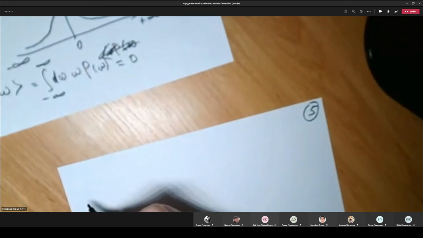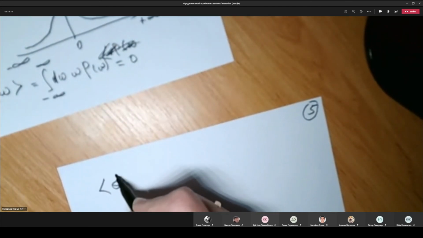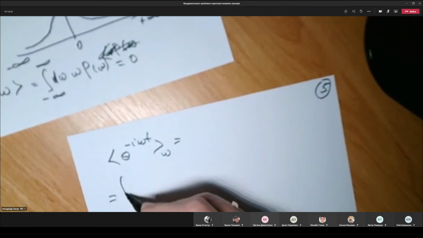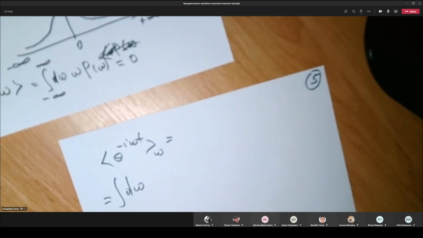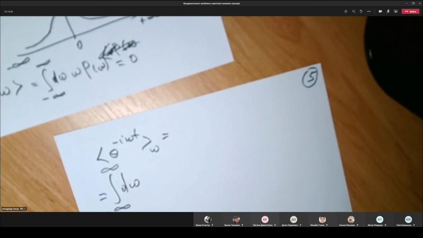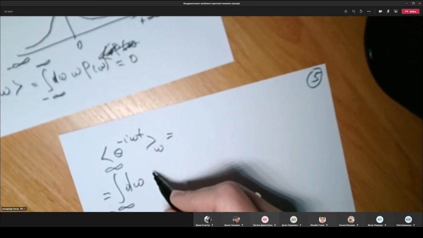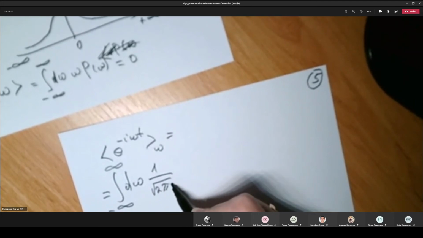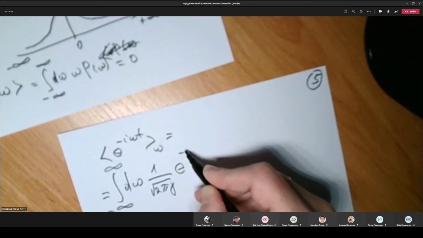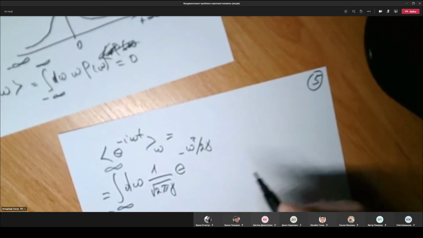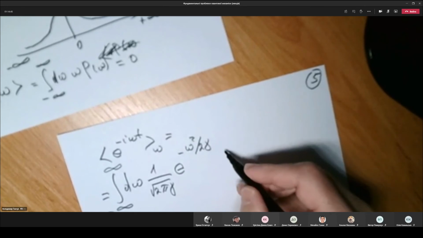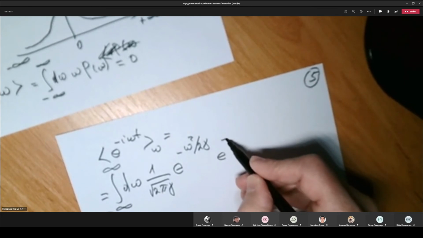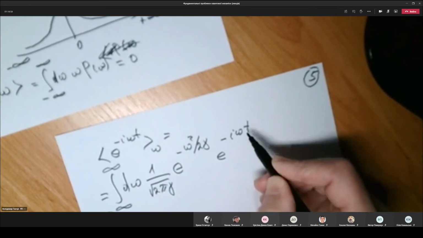So we can now easily calculate the mean value of this exponent. So the mean value of the exponent with the distribution function is the following integral over omega of the exponent and the distribution function, with the square root, and here the exponent of minus i omega t.